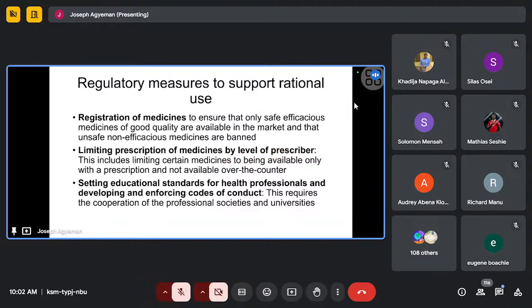Very, very important, because based on your expertise, there are certain medications that you may not be able to handle properly. For example, if you are not an oncologist and you are allowed to prescribe anti-cancer medications, it is obvious that you may cause harm to the patient.